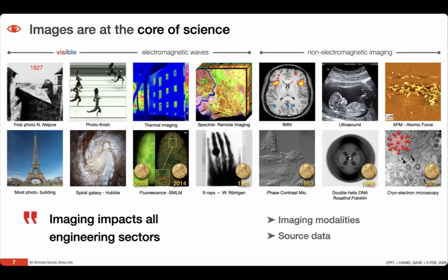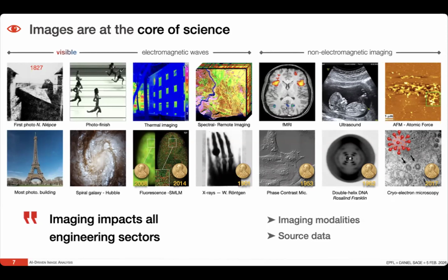So it's an electromagnetic wave. It's not photons, it's something else, but we can make images with this information. And on the other side, you also have non-electromagnetic imaging. Here we collect something else.